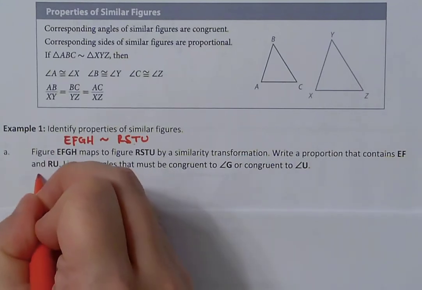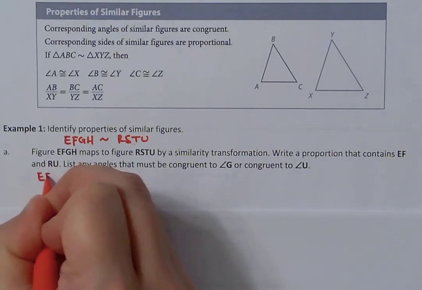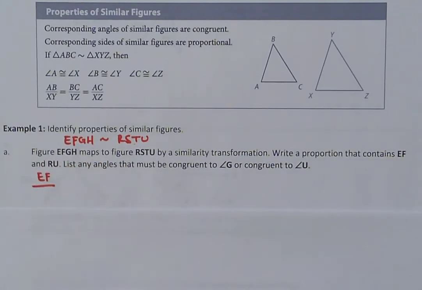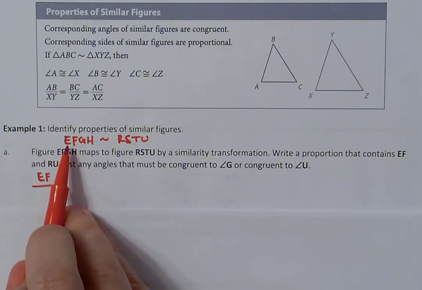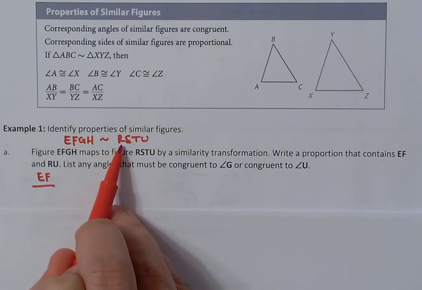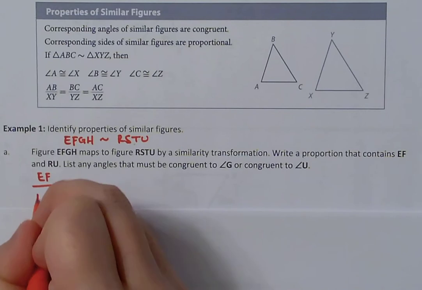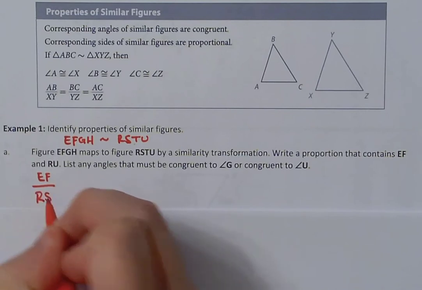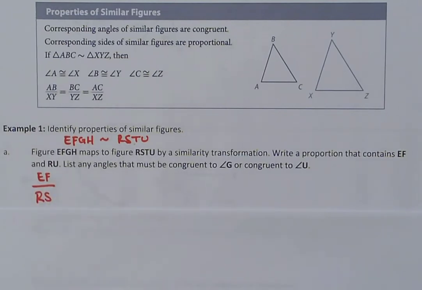So EF, because it's from the first statement, is going to go on top. And then, if EF is the first two letters in this statement, we're going to look at the first two letters in the second statement, which in this case is RS, and that's going to go on the bottom of that fraction.